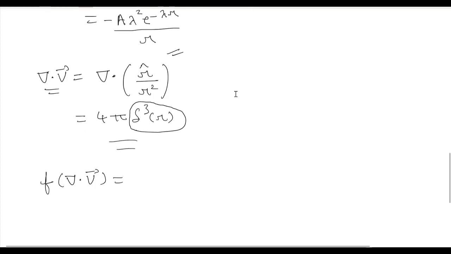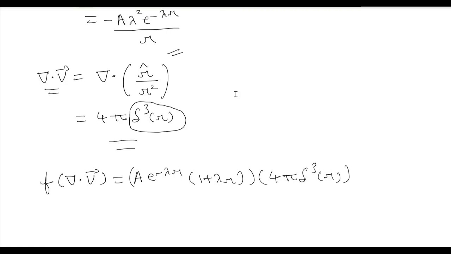The scalar function was e to the power minus lambda r times 1 plus lambda r, and it's a simple product, there's no dot and stuff. This is 4 pi del cube of r.